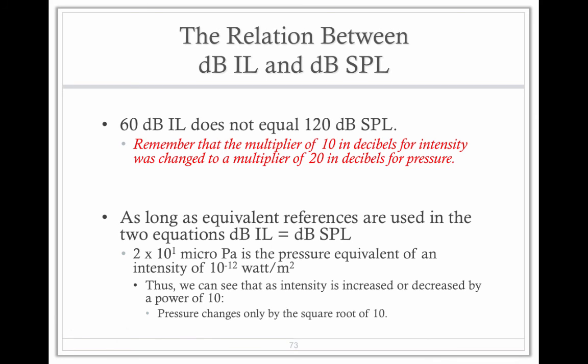As long as the equivalent references are used in the 2 equations, dB IL equals dB SPL. 20 micropascals is the pressure equivalent for our intensity reference of 10 to the negative 12 watts per meter squared. Thus, we can see that as intensity is increased or decreased by a power of 10, the pressure changes by the square root of 10.